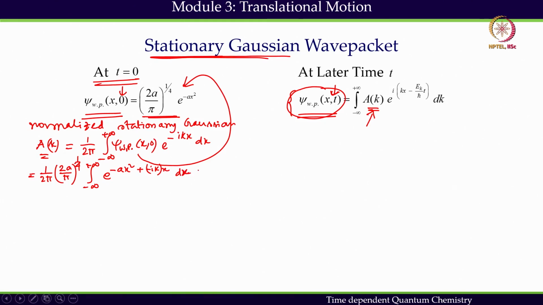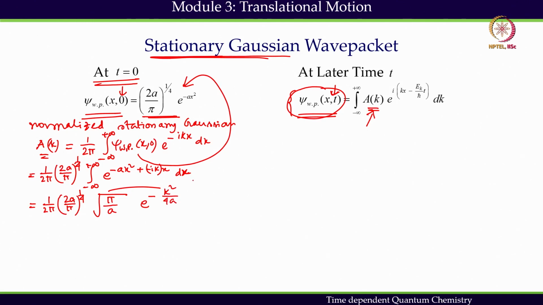And this is a standard Gaussian integral, which I have shown before, and that's very useful. So we'll use this standard Gaussian integral here, and I get 1 by 2 pi, 2a by pi to the power 1 by 4, and this integral gives me pi by a e to the power minus k square by 4a.